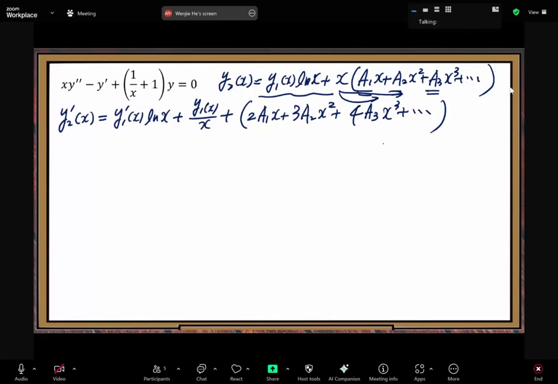Now y2 double prime. This one is a little harder, but hopefully not too much harder. So y2 double prime of x: product rule, so y1 double prime times natural log of x plus y1 prime over x.